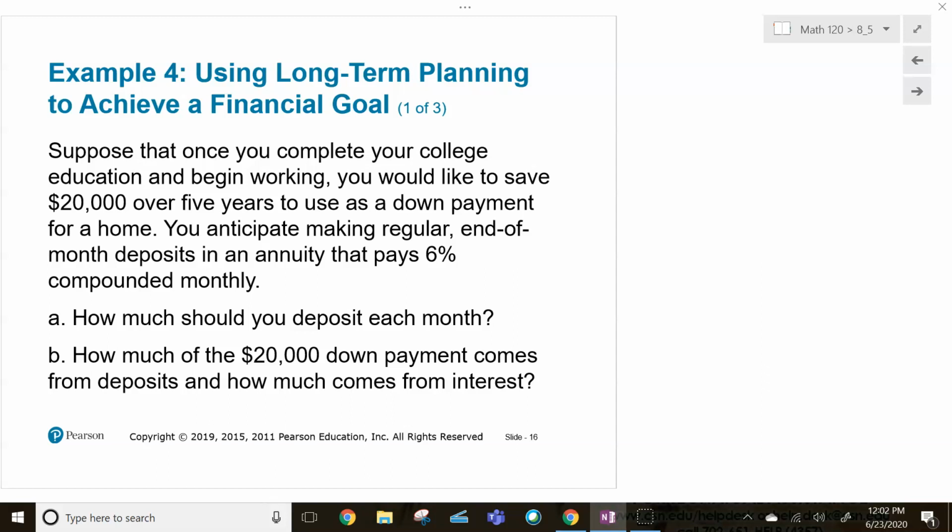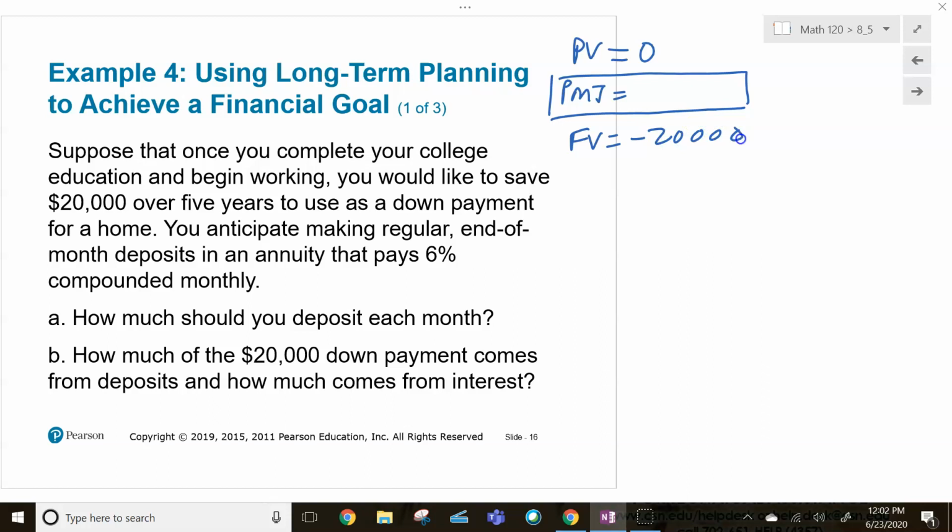You anticipate making regular end of the month deposits in an annuity that pays 6% compounded monthly. So there's no upfront principal. You're making a payment and trying to figure out how much the payment should be, but we want to end up with $20,000 at the end.